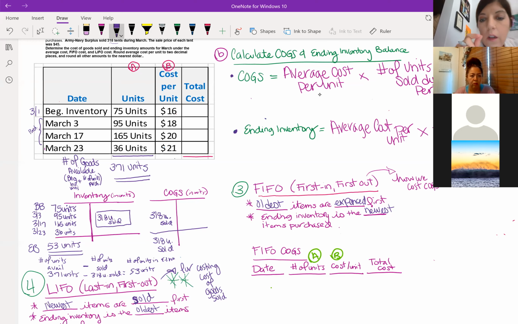So if you're given the number of units in ending inventory, you're going to do the exact same thing. You're going to take your number of units available minus the number of units in ending inventory to back into the number of units sold.